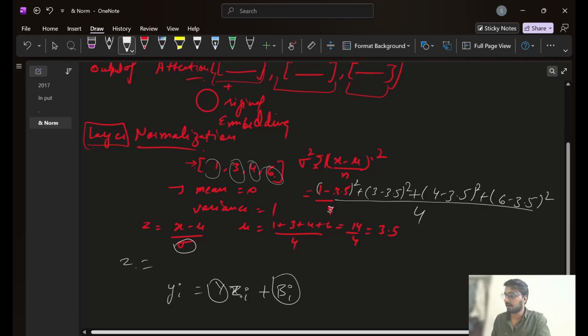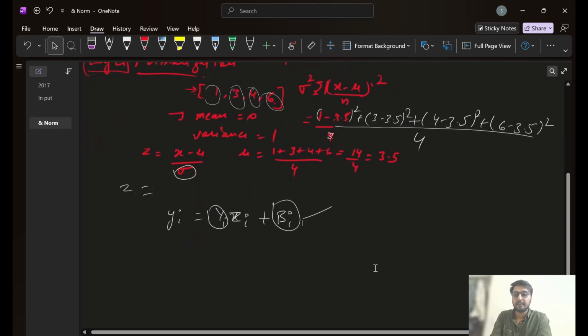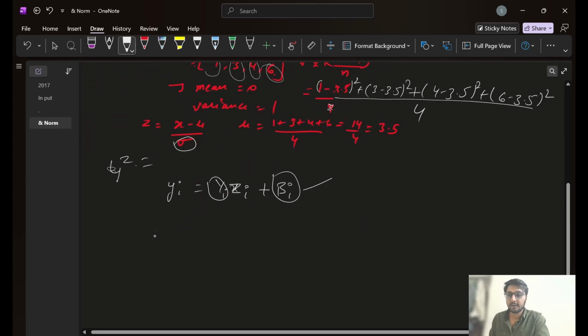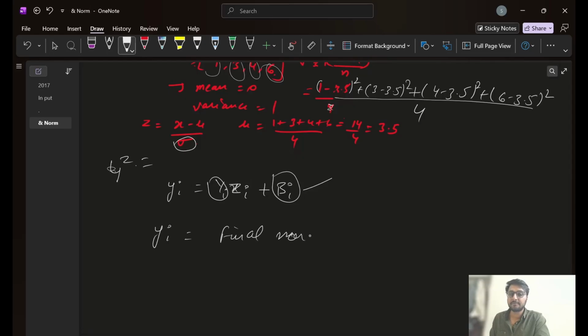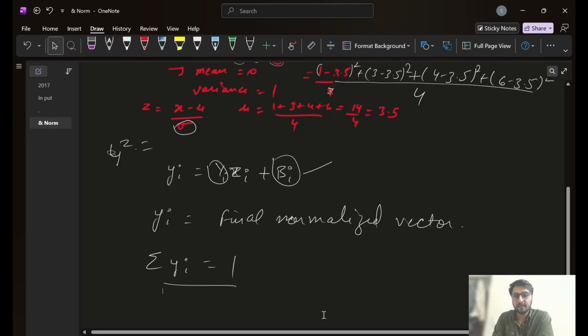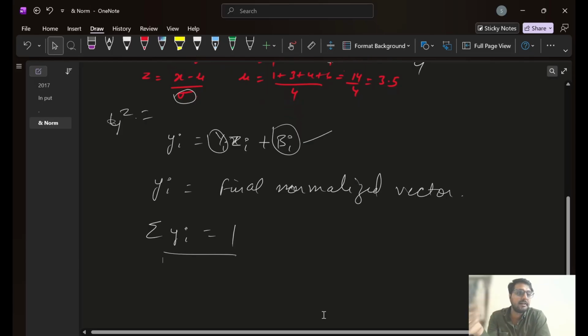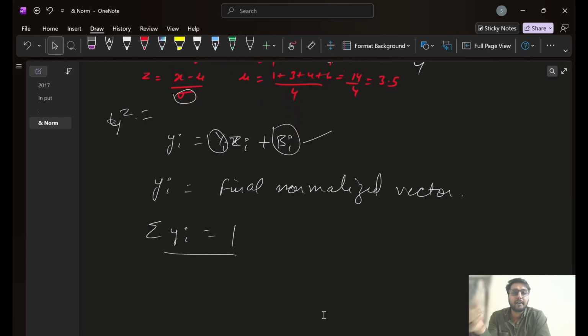These two are my learnable parameters that can be learned during the backpropagation, and the y vector is nothing but our final normalized vector. When we sum up all the yi, that will give us 1. Okay, now our values are normalized, and these values are good enough to train our deep learning model.